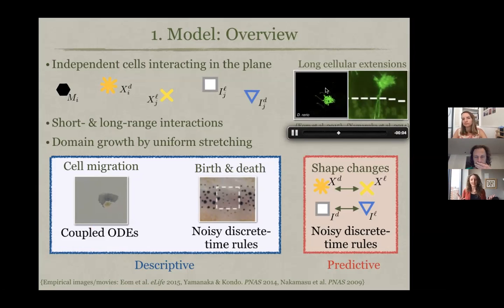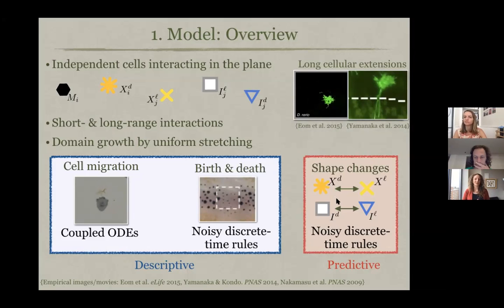So as the domain grows, the cells move. That takes the form of coupled differential equations. I'm not going to show these, but it's just one ODE per cell describing how it moves. And then we also have cell birth, death, and shape changes or type changes. Those all take the form of stochastic discrete time rules for updating your domain.